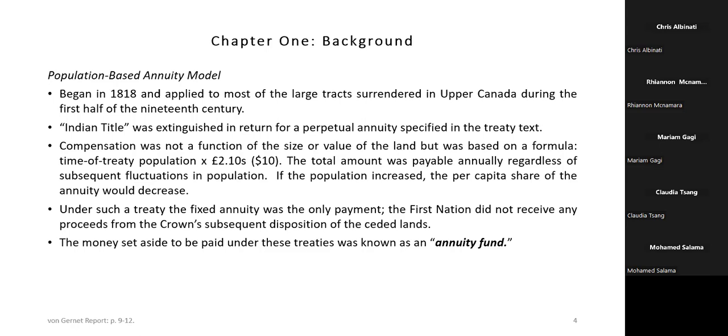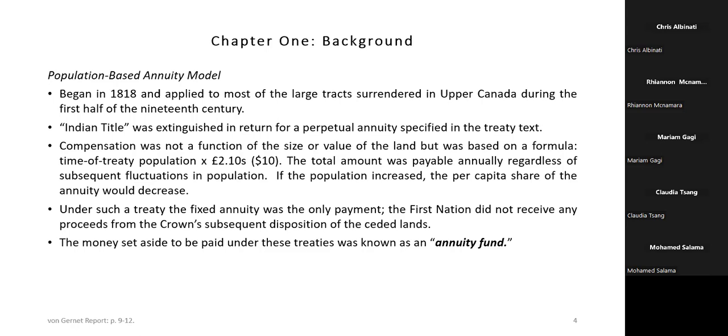And so sometimes these treaties would stipulate the amount, which was the product of that calculation, or it would stipulate what the per capita payment was, or it would stipulate both. In some cases, you'd have to do the math yourself. In other cases, there was no real rule of thumb as to how that particular formula was applied to these treaties.